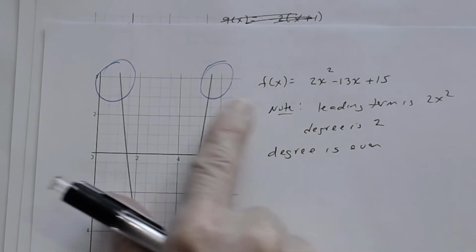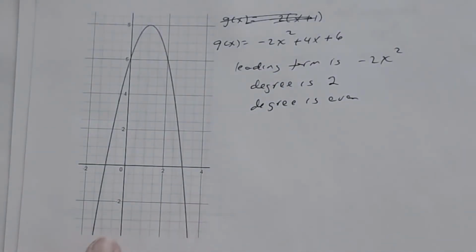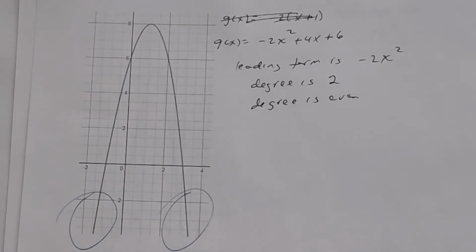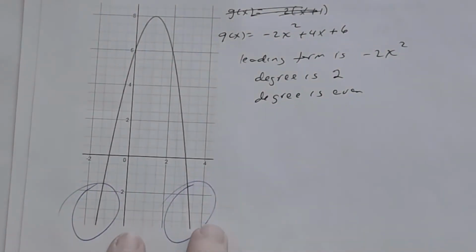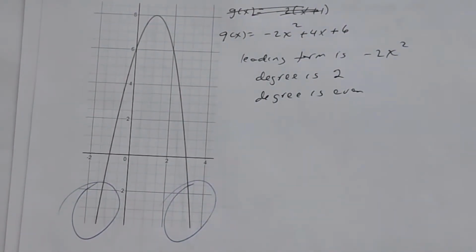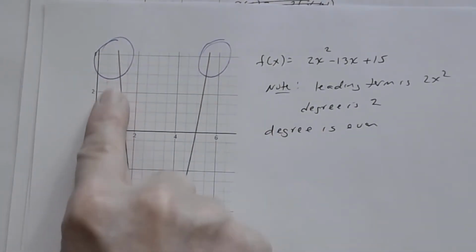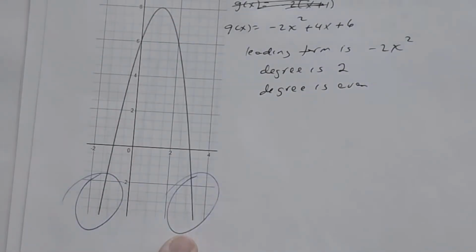The degree is even and the arrow is pointed up. Over here, the arrow is pointing down. So in my end behavior, the arrows are pointing down. If you recall when we graphed quadratic functions, and these are quadratic functions, why do you think the arrows are pointing down here and pointing up here? Why is the parabola here opening up and the parabola here opening down?